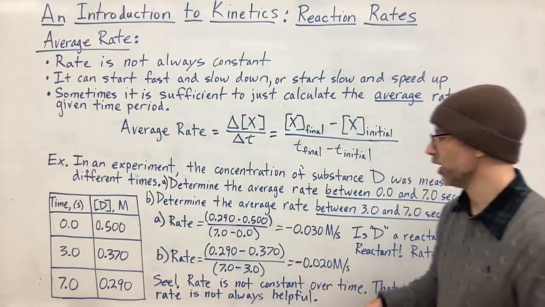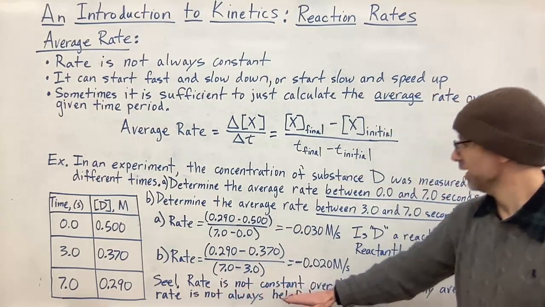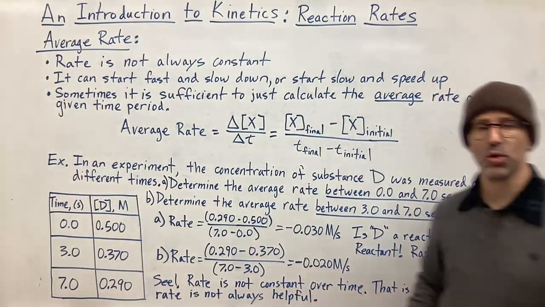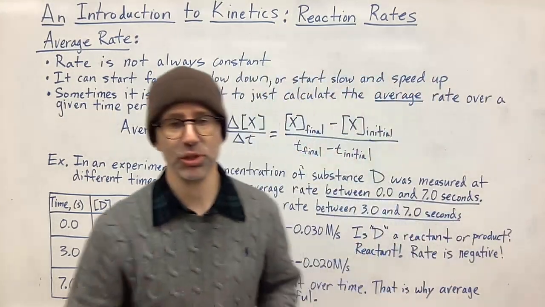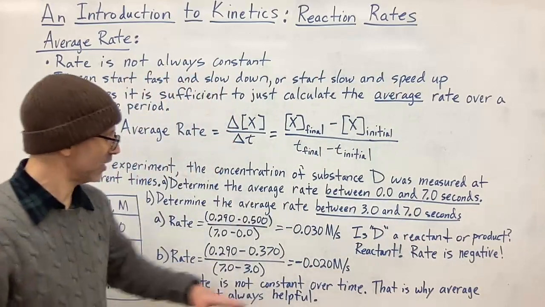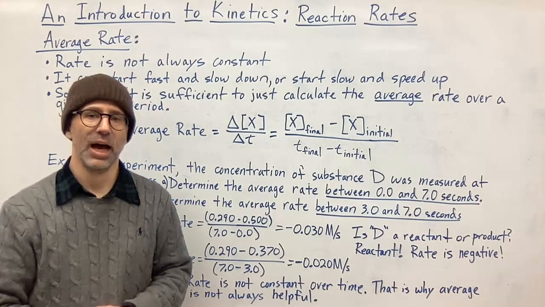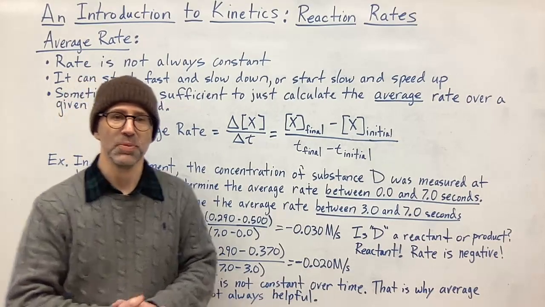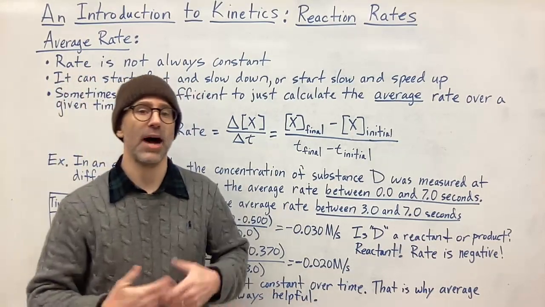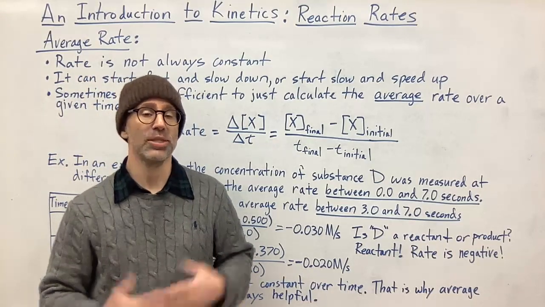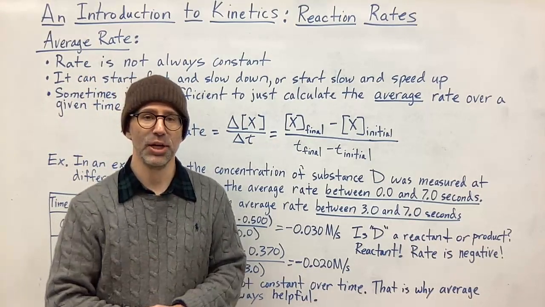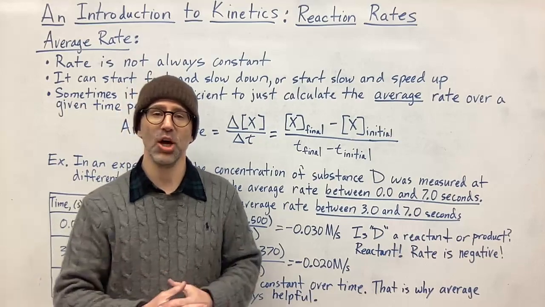Therefore, we can see that the rate is not constant over time. The rate of a reaction will change over time, and that is why using an average rate is not always the most helpful thing to do. A lot of times we want to find the instantaneous rate of change, which I will talk about in another video.